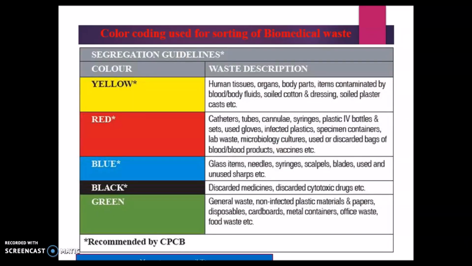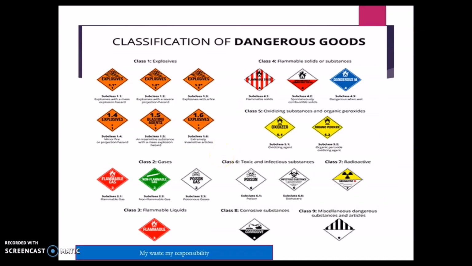So, color coding is used for sorting biomedical waste. I have already explained these color codes earlier: yellow, red, blue, black as well as green, and their denotations are described by the Central Pollution Control Board of India, that is CPCB. Next, these are the classification of dangerous goods.